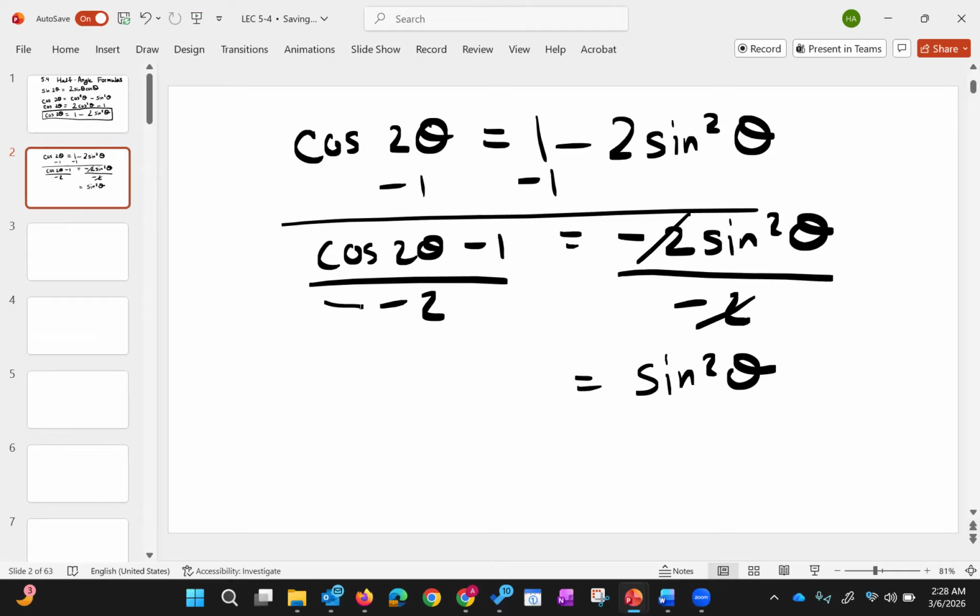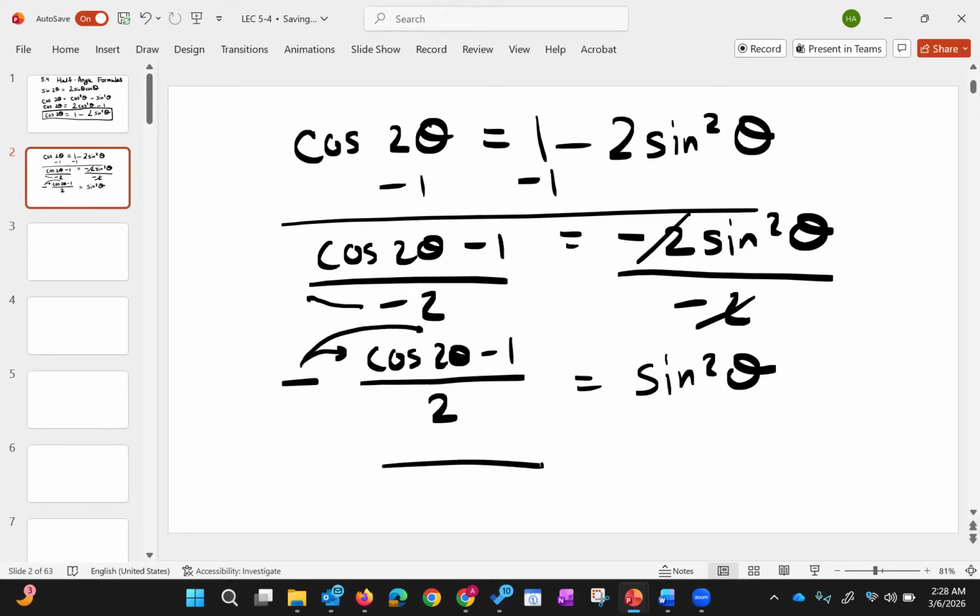Let's do it both ways here. I'm going to move the negative in front first. Let me show you all the steps here. And then we multiply the negative into this, so now we have negative cosine 2 theta plus 1 over 2.